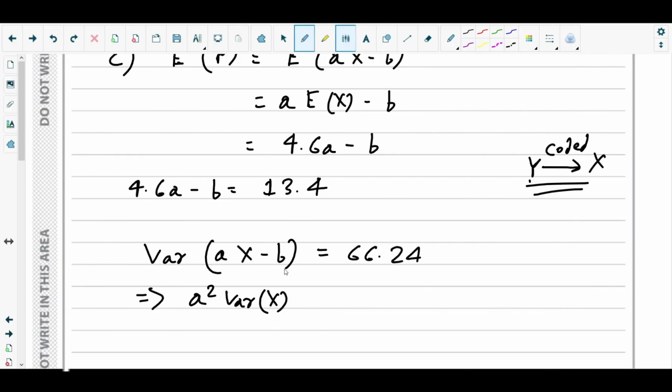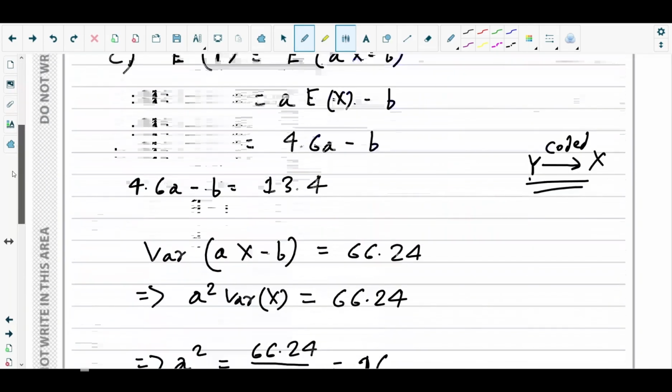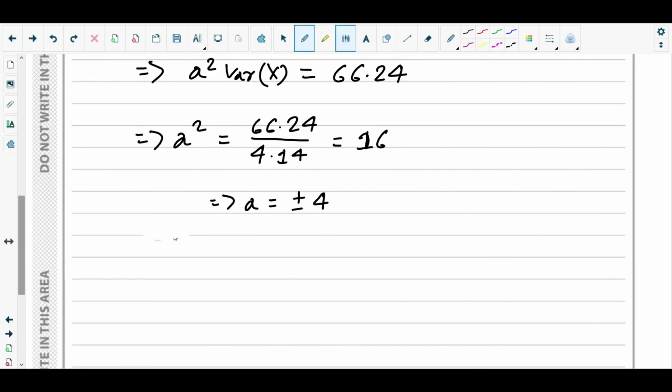That means the value of a is plus or minus 4, right? So is it minus 4 or plus 4? Did they mention anything about the value of a? a and b are positive constants. That means a must be 4.